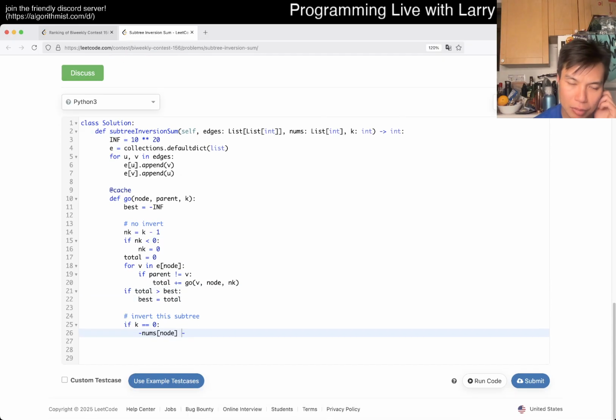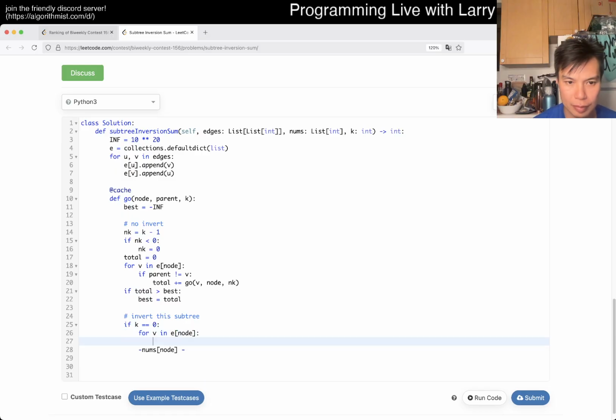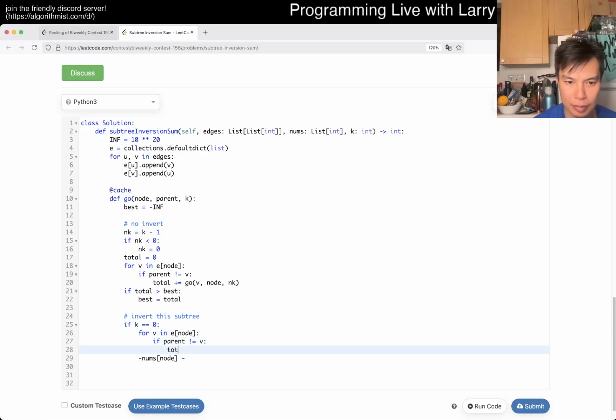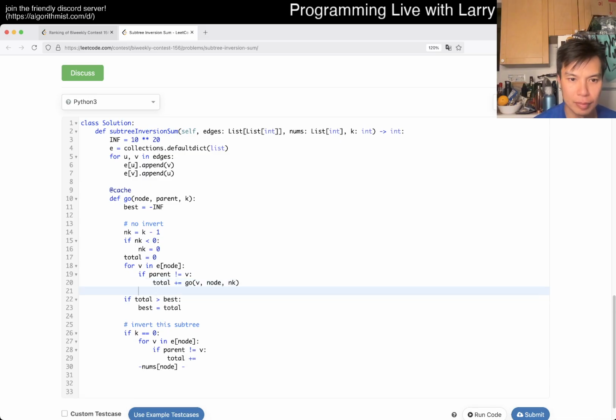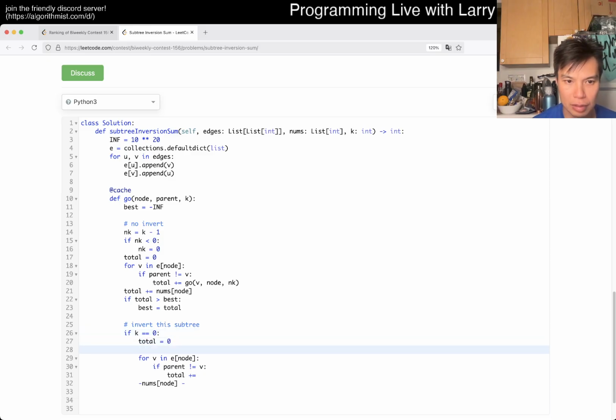Okay, and then now we invert the subtree, which is the same thing. I forgot to add this node, so actually I'm wrong. Plus num sub node. Otherwise, total is equal to 0. Okay.